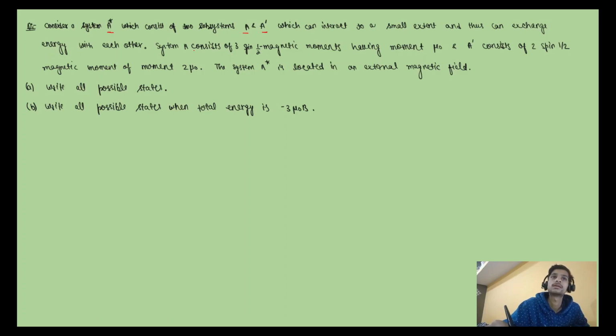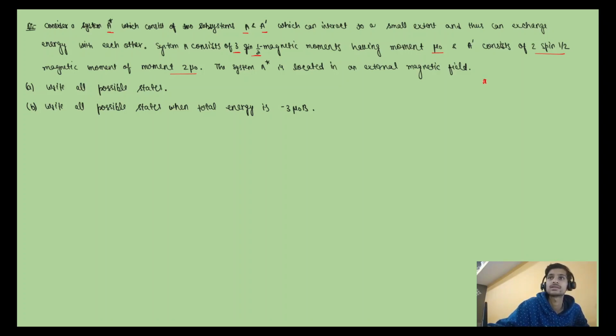Now system 1 consists of three spin half magnetic moments, and the magnetic moment they have is mu naught. And let's suppose the subsystem 2, which is A prime, consists of two spin half particles, but each particle has a magnetic moment of 2 mu naught. I hope you understood the problem.